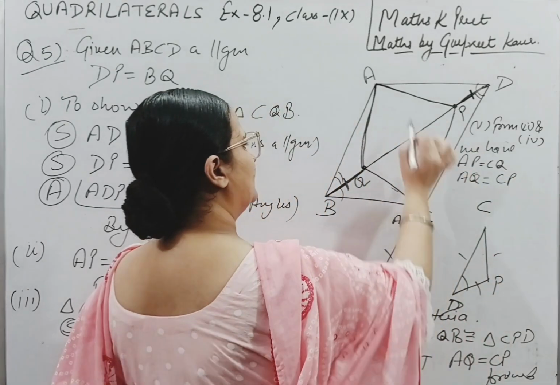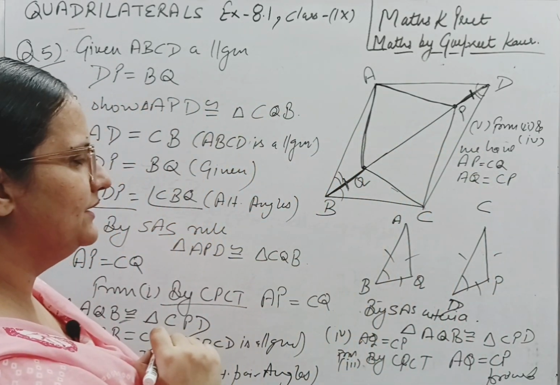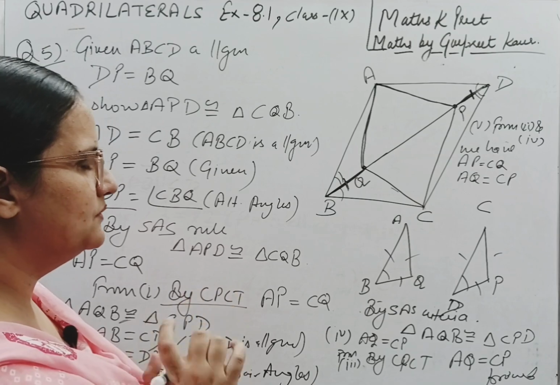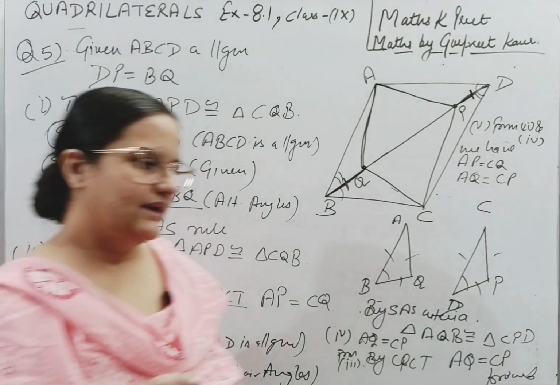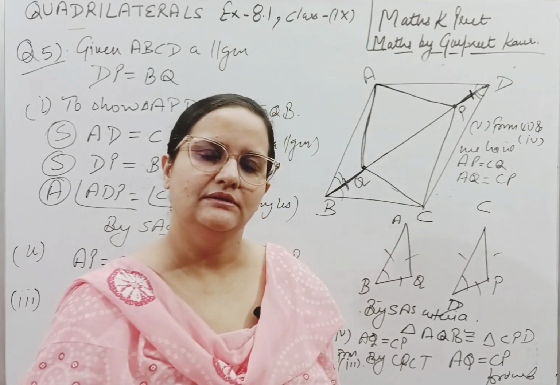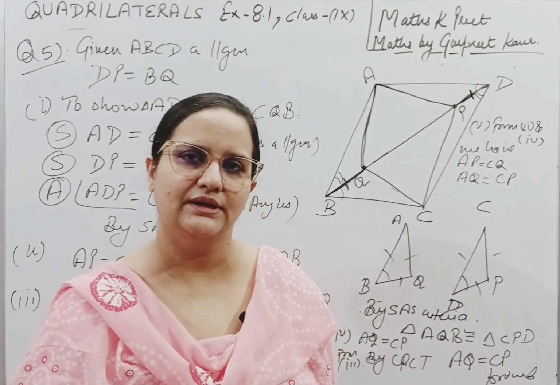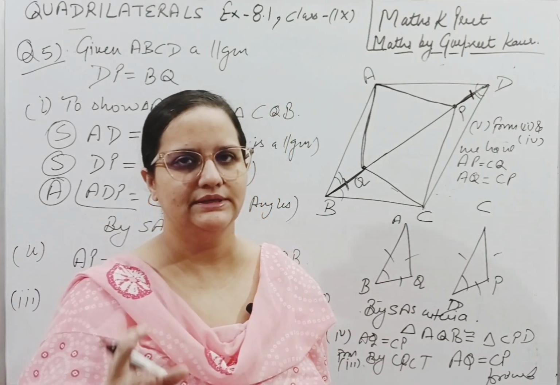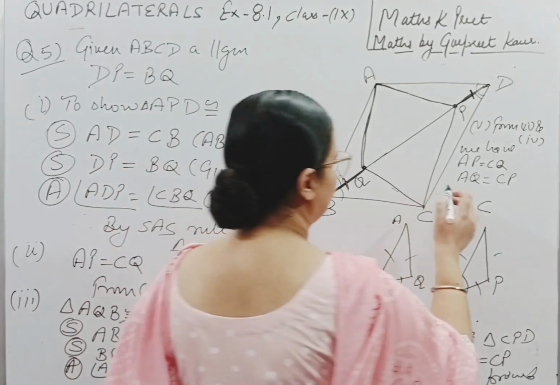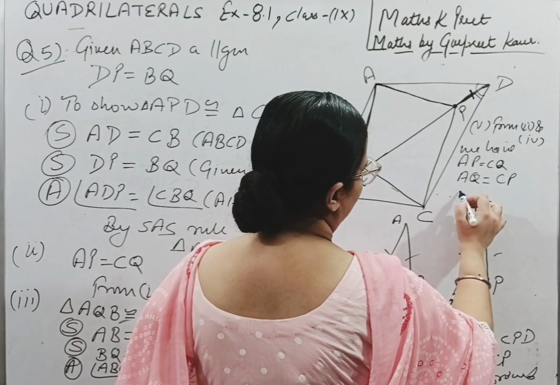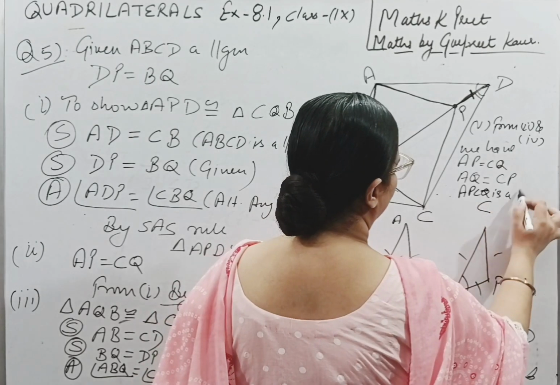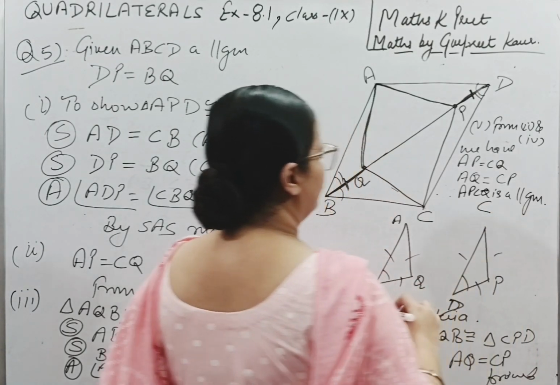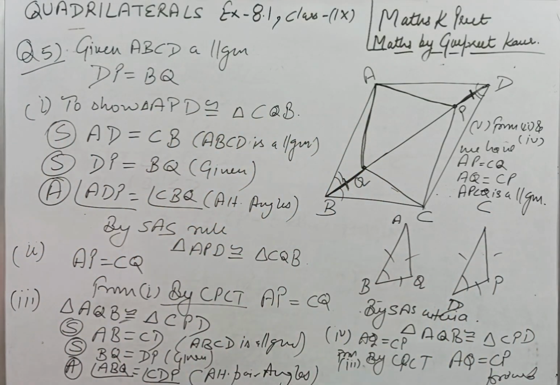These are the two pairs of opposite sides of this quadrilateral, which we have proved equal. We have a result that when both pairs of opposite sides of a quadrilateral are equal, then it is a parallelogram. We have seen the proof of this theorem as well. So therefore, APCQ is a parallelogram.